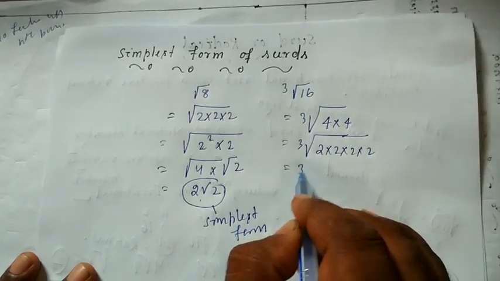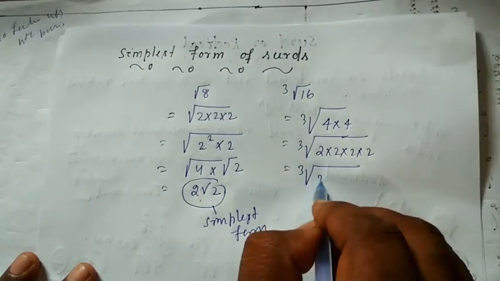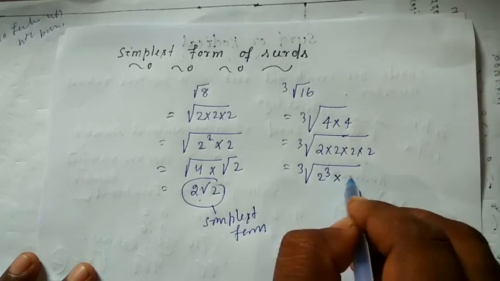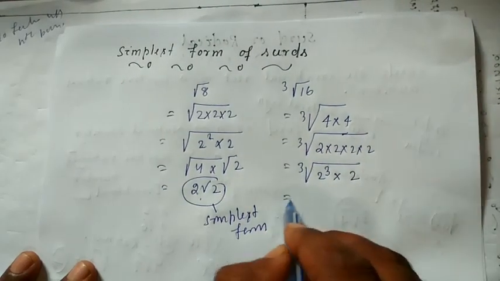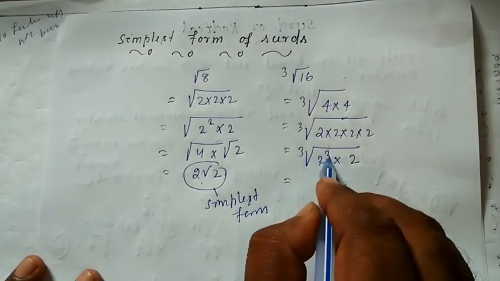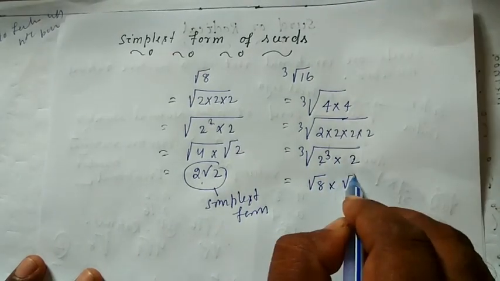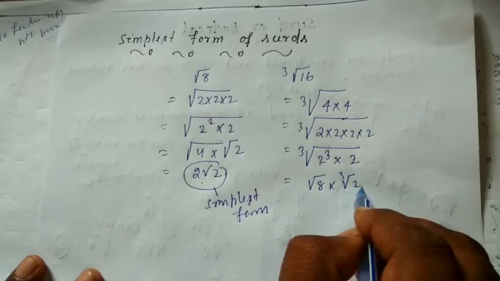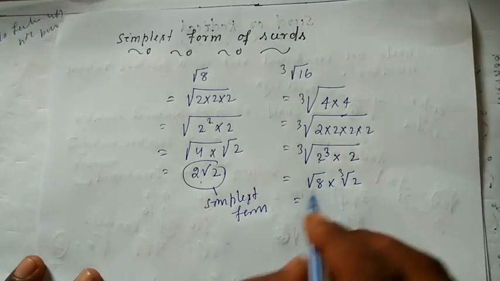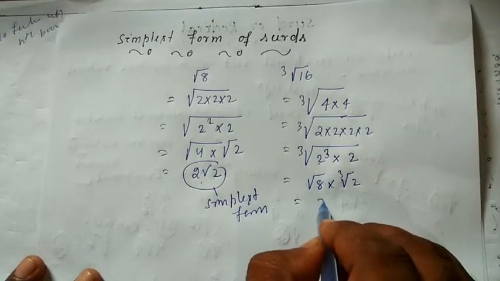Again this can be written as 2 to the power of 3 into 2. 2 cubed is 8, so this you can write as cube root of 8 into cube root of 2. Cube root of 8 is how much? 2.